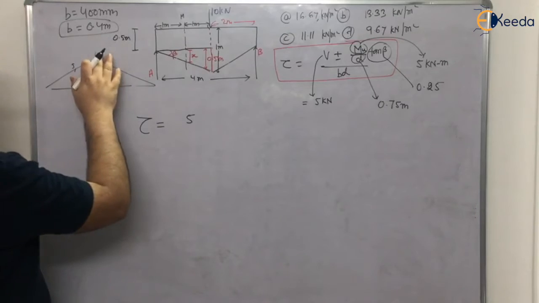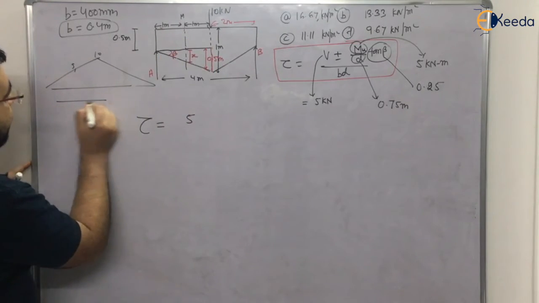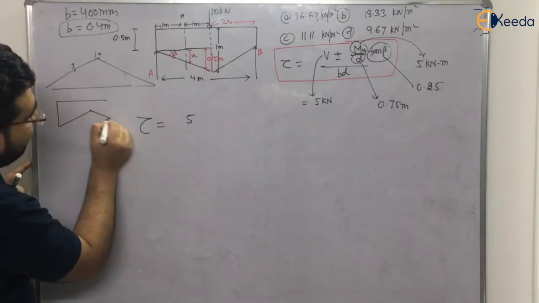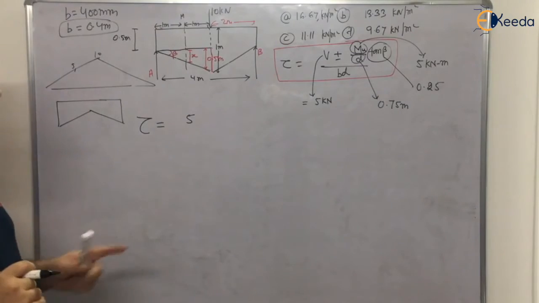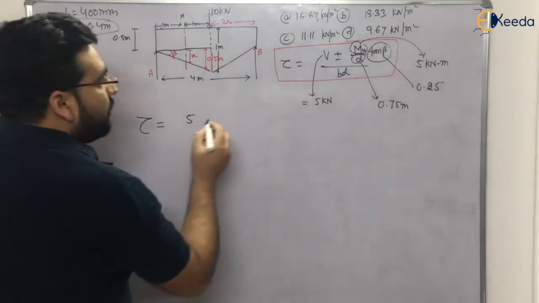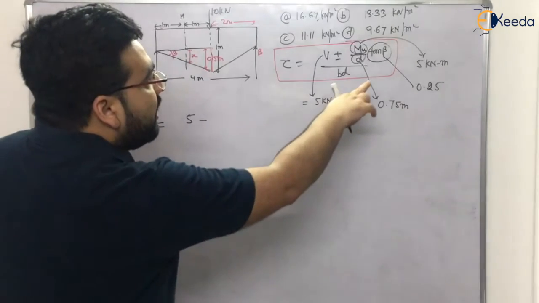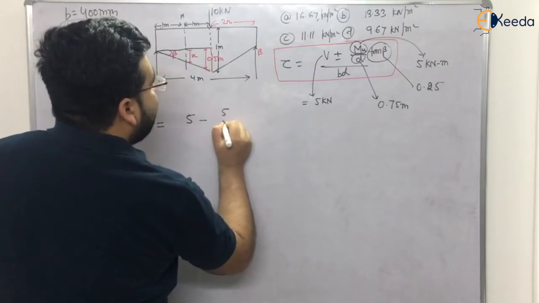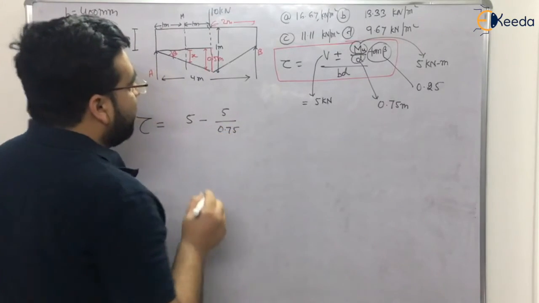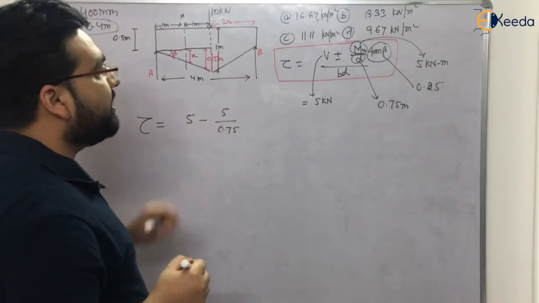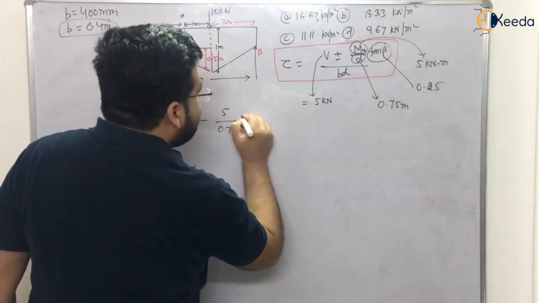But suppose the section would be like this, then we would have used the positive sign. But now it is negative. So 5 minus Mu, which is 5, divided by d, 0.75, kilonewton meter got canceled out, and we have kilonewton.